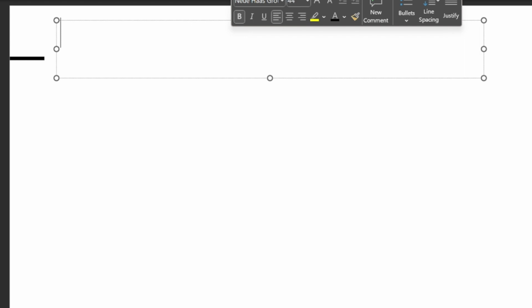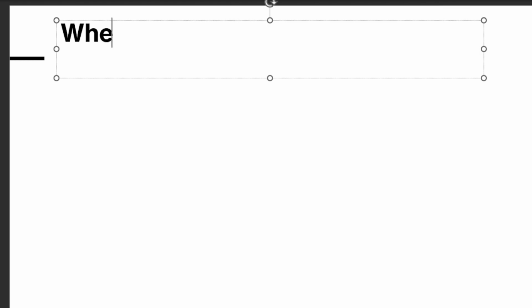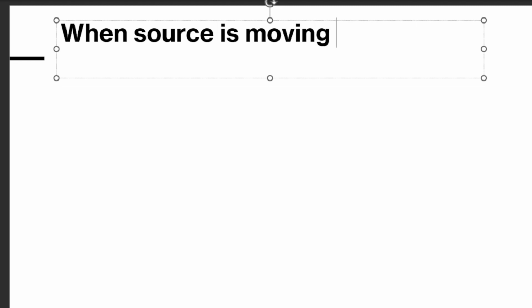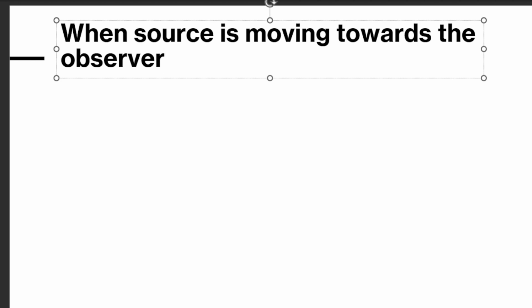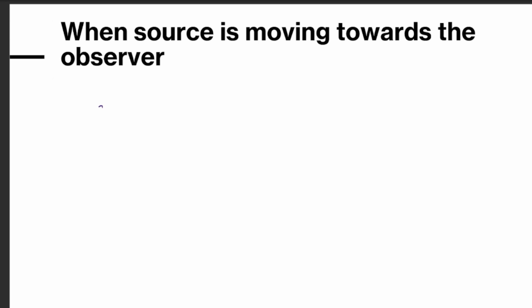So the first condition is when the source is moving towards the observer. Now imagine you have a source here.